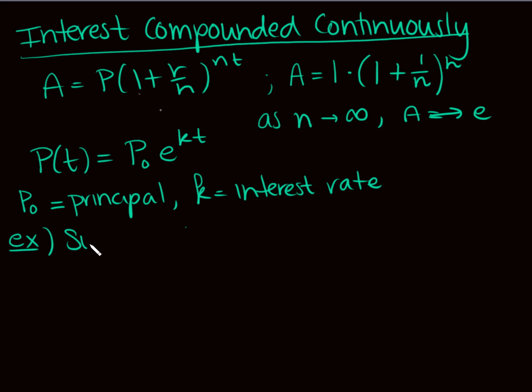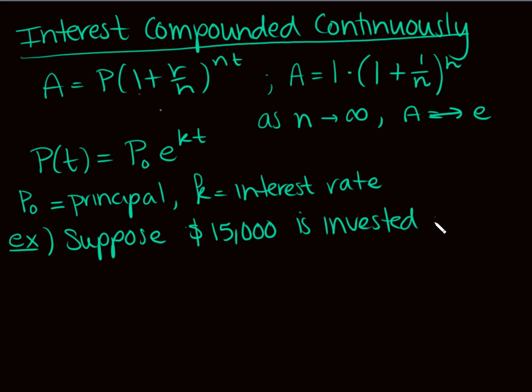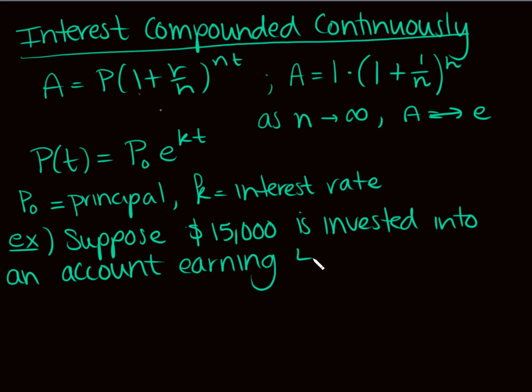So let's suppose, I'm going to just give you one where I give you the interest rate. Let's suppose $15,000 is invested into an account earning, I don't know, 4% interest compounded continuously.